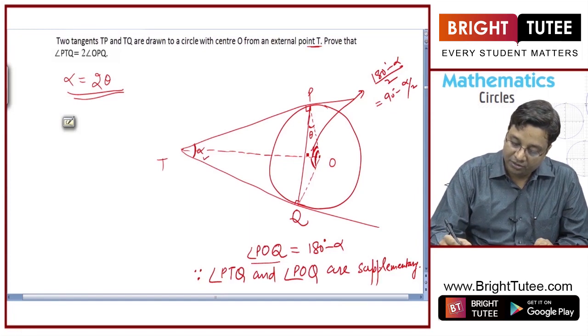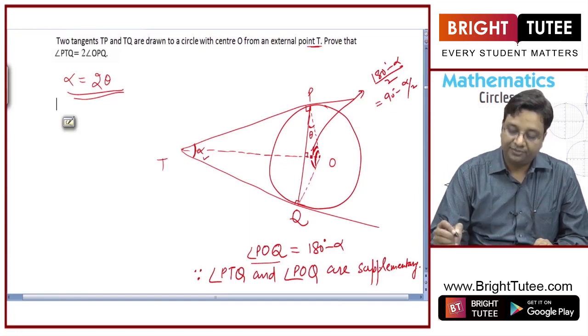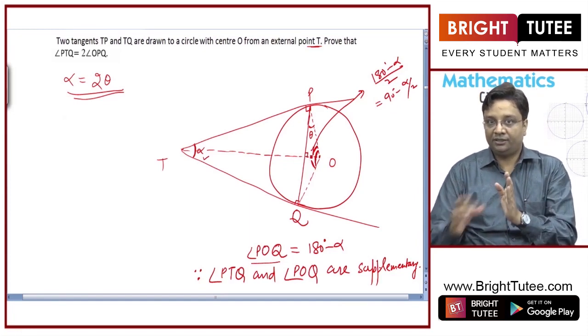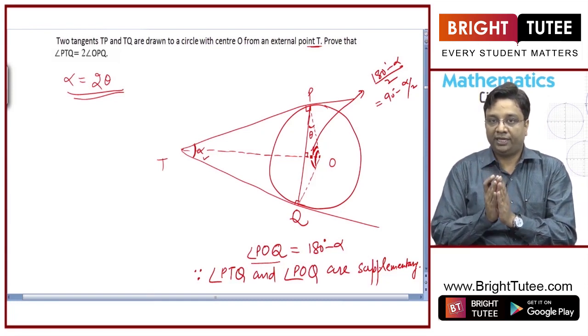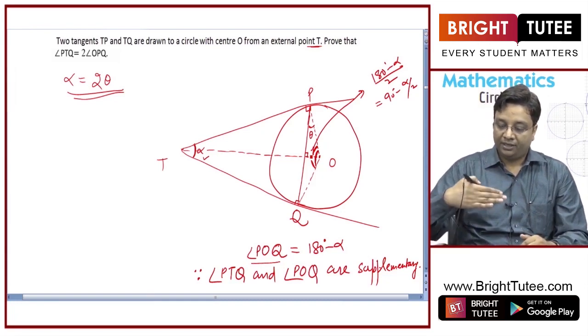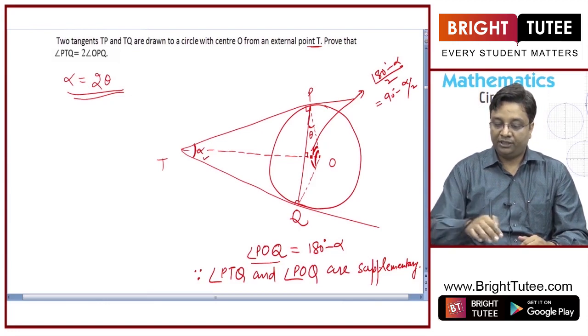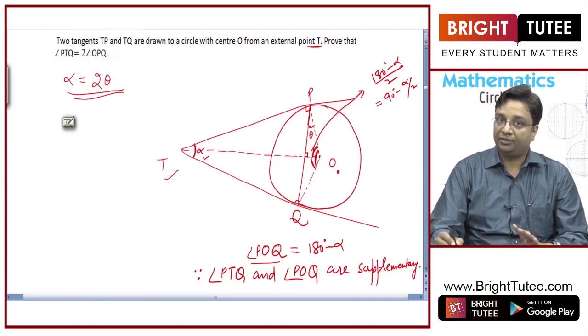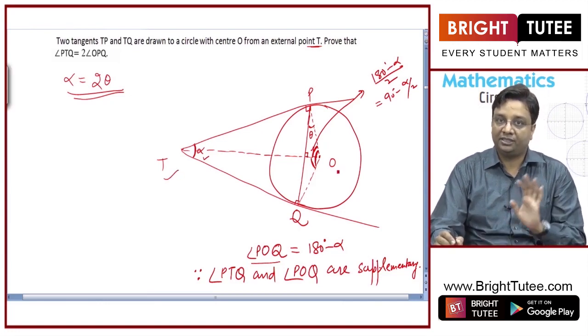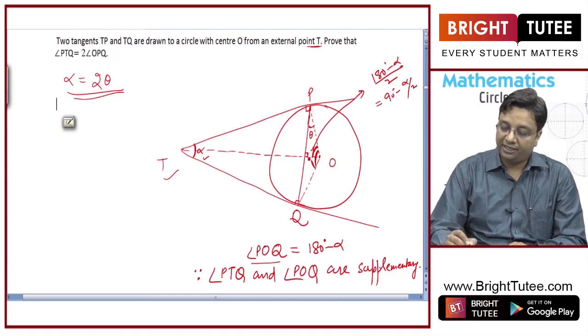And we already know about this one. This is 90 degrees, right? The chord that is joining the points of contact is perpendicular to the line joining the external point and the center of the circle. This is what we discussed in the introduction. So this angle is 90 degrees.